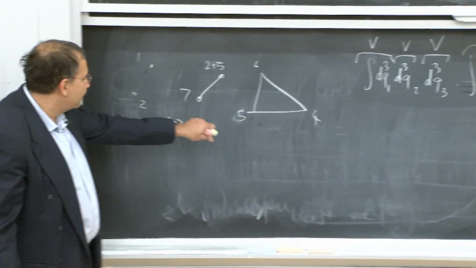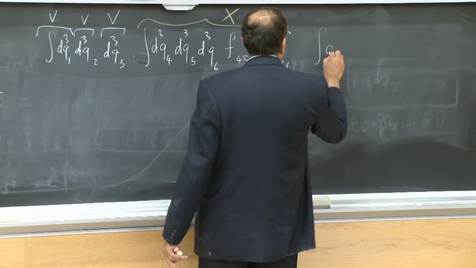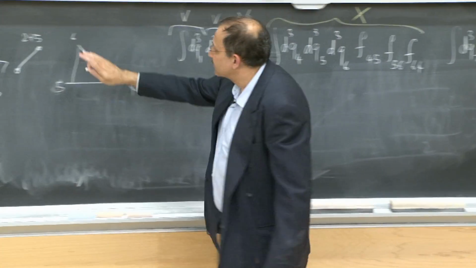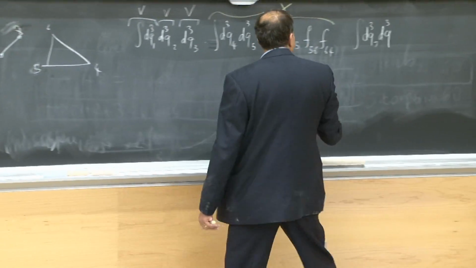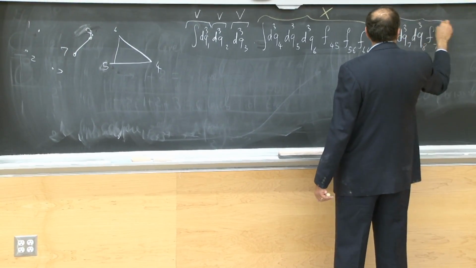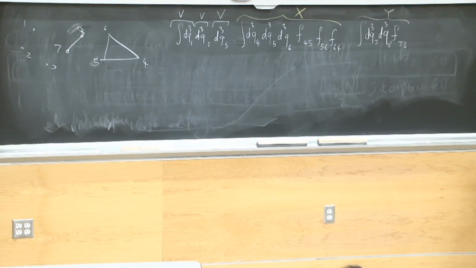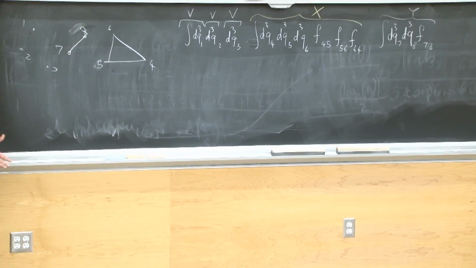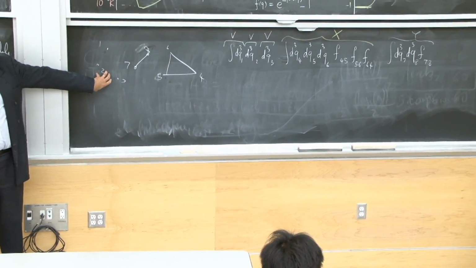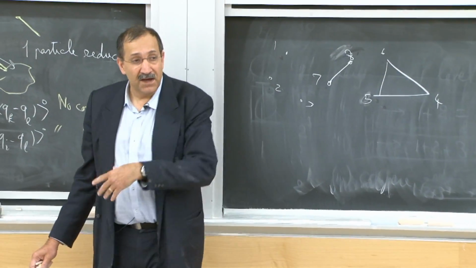Then later on, I have to integrate over 7 and something else. So then I have the integral over Q7, let's call this 8 rather than B, of F of 7, 8. So this is something else. Right? So the overall value of this term in the perturbation theory is the product of contributions from a huge number of 1 clusters. Here I have a 2 cluster. Here I have a 3 cluster. Maybe I will have more things.